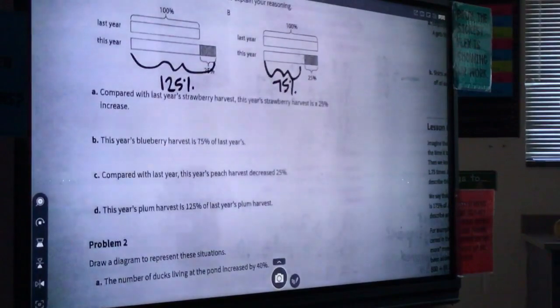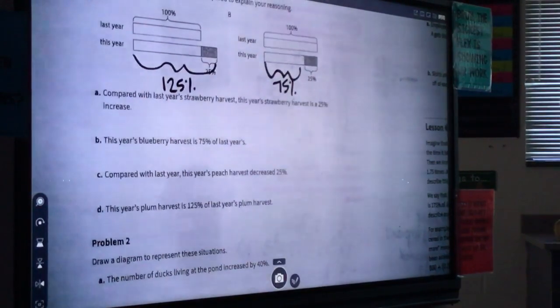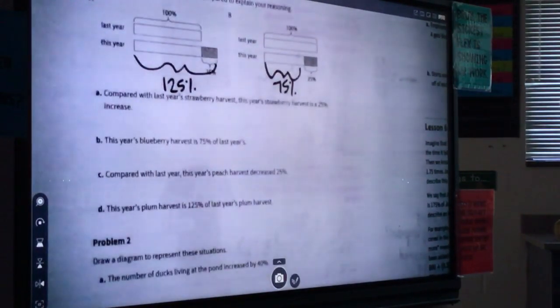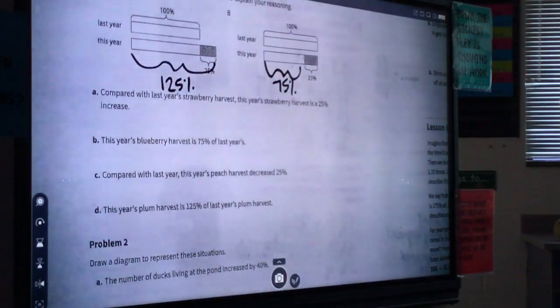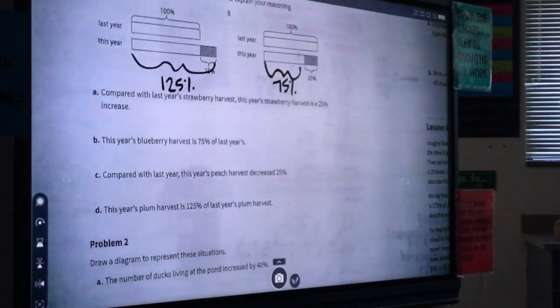Okay, so A says compared with last year's strawberry harvest, this year's strawberry harvest is 25% increase. So is that going to go with diagram A or diagram B? No. Write it. You're writing. You're doing that for B, you're doing that for C, and for D, and then stand up.